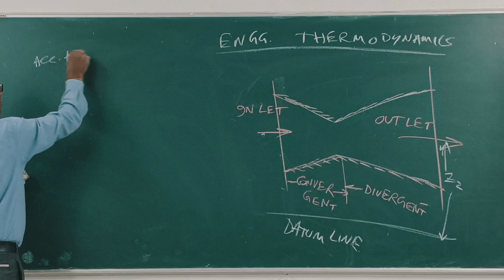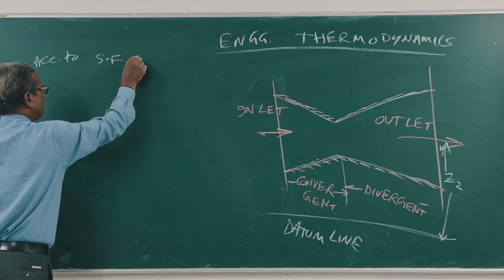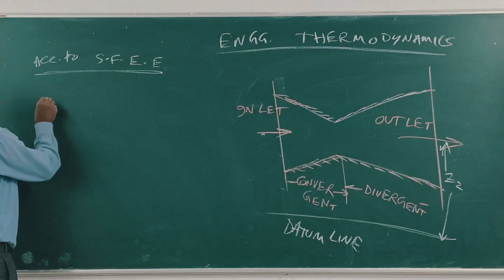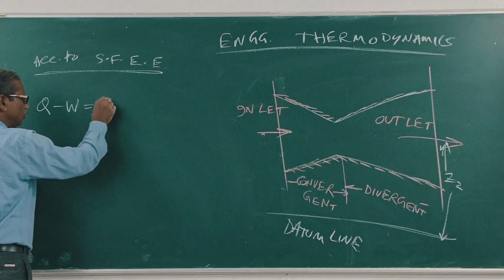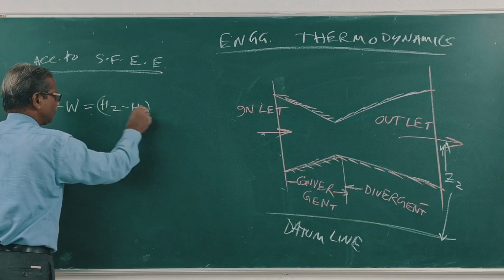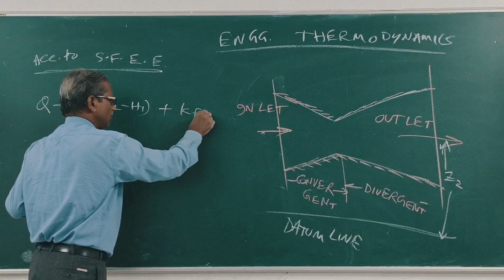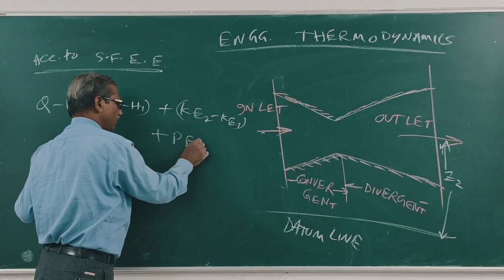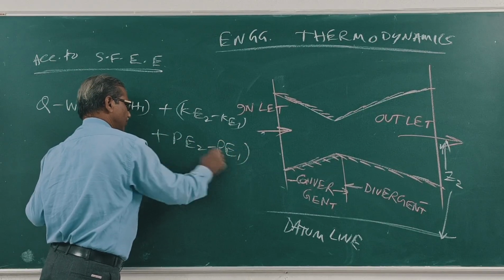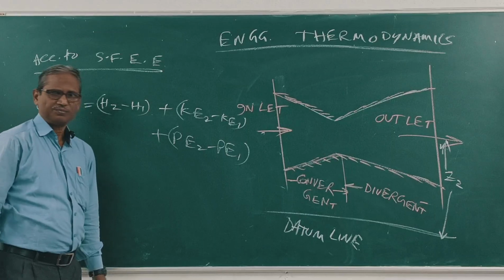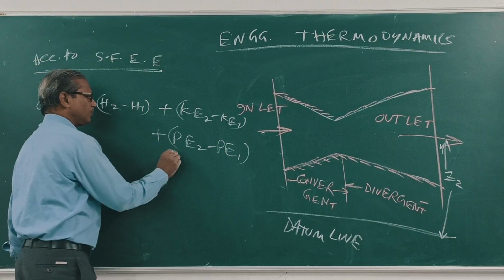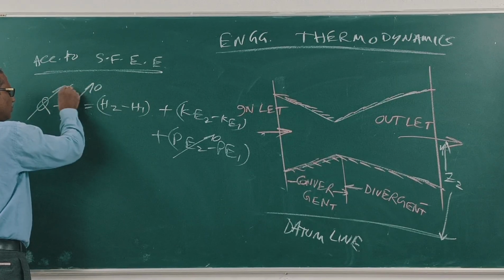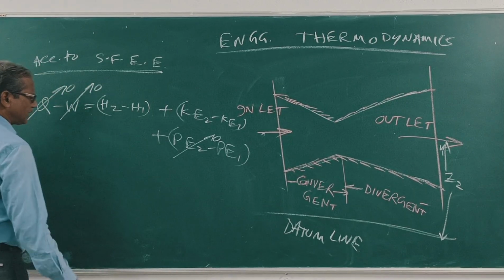Now, according to the steady flow energy equation, Q minus W is equal to H2 minus H1 plus K2 minus K1 plus E2 minus E1. Clear? This is 0, this is 0, this is 0. So what is K2 minus K1 equal to?